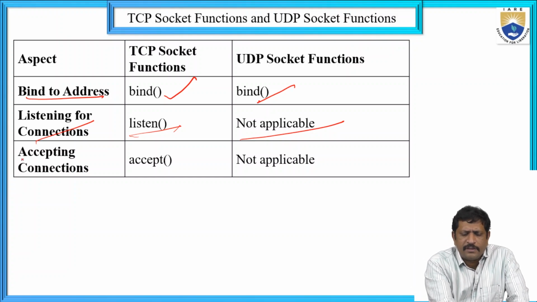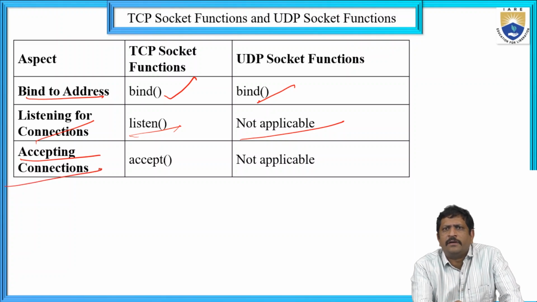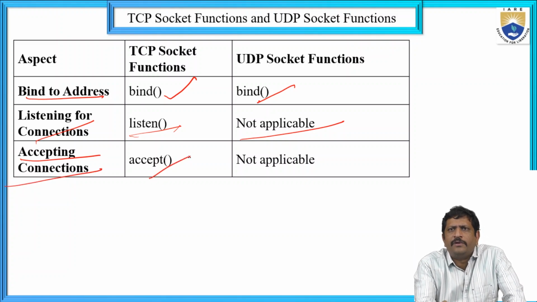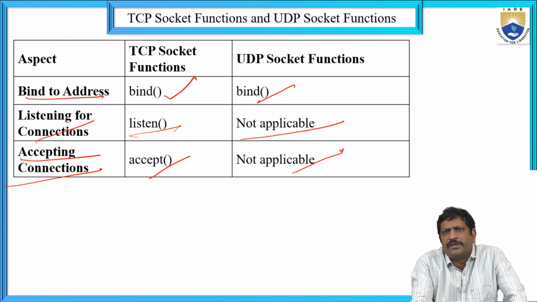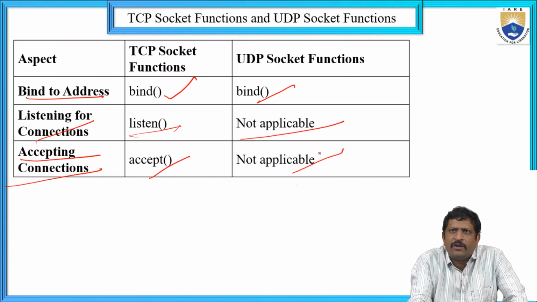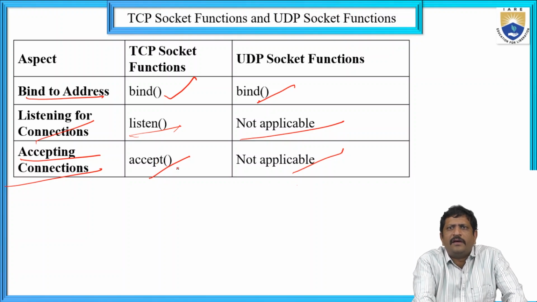Accepting connections. In TCP, we use the accept function. For UDP, acceptance is not applicable. UDP is a connectionless communication protocol, so acceptance is not required and it sends the information directly. But TCP is connection-oriented communication, so acceptance is required before sending the data.